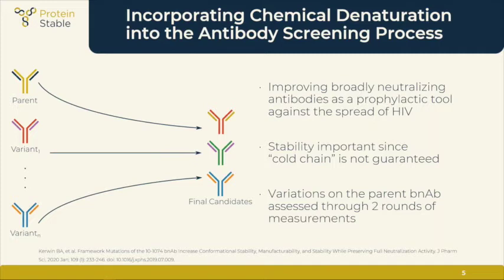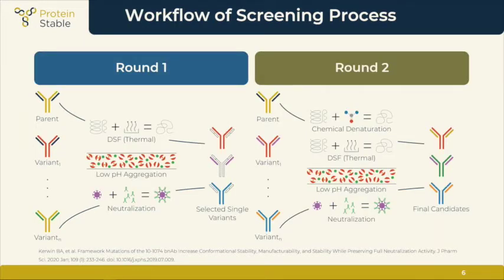So in order to assess different variants of the parent antibody, they assessed the stability through 2 rounds of measurements. In the first round, they looked at single variants of the parent antibody. This could have been a change to the light chain of the antibody, or a change to the heavy chain of the antibody.